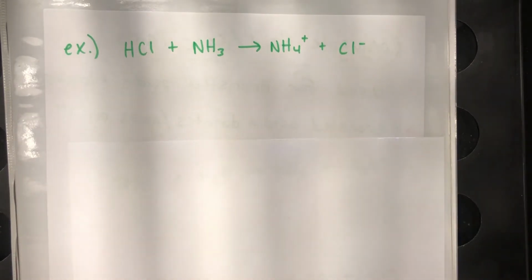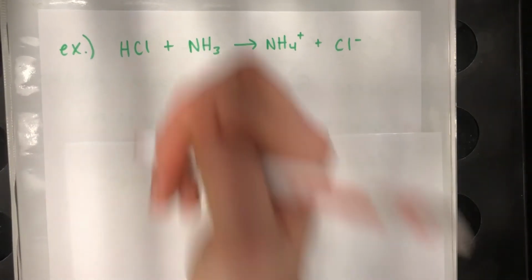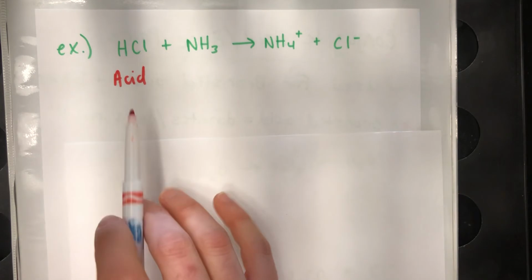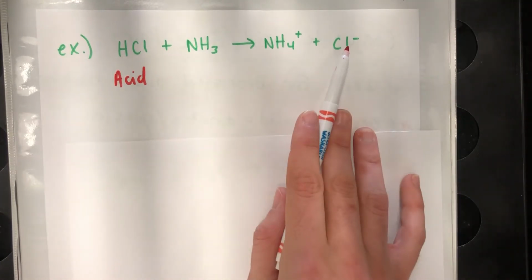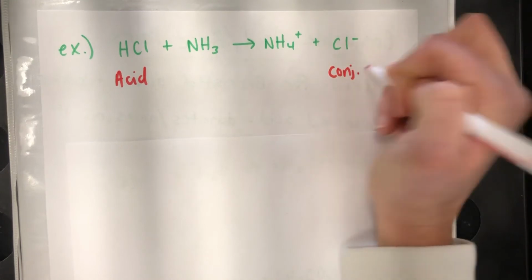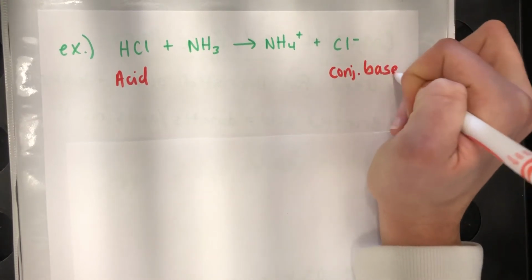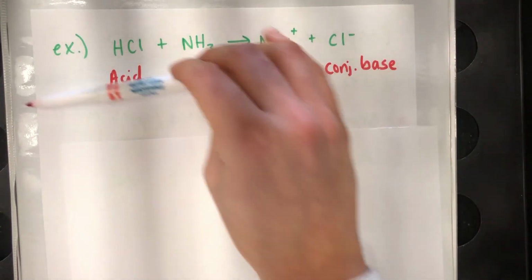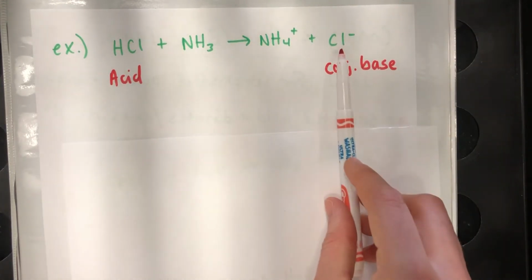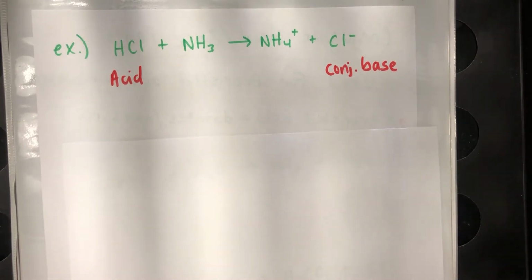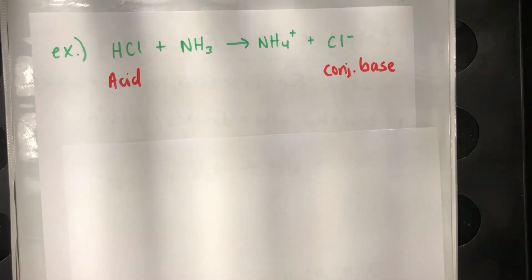So that means if it's, again, donating or giving off hydrogen, that's your acid. And then whatever substance it pairs with, again, wherever that common ion is, now it has one less. So this becomes our conjugate base. And basically we call it this because if we read this in reverse, it's now acting as a base, because if it turned back into HCl, it would have to accept that hydrogen, which is what a base does.